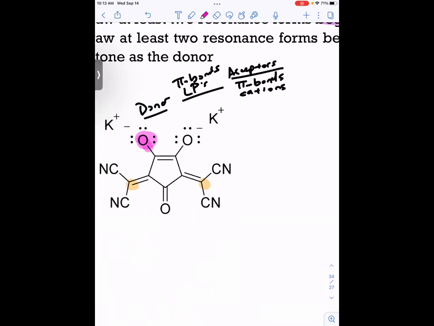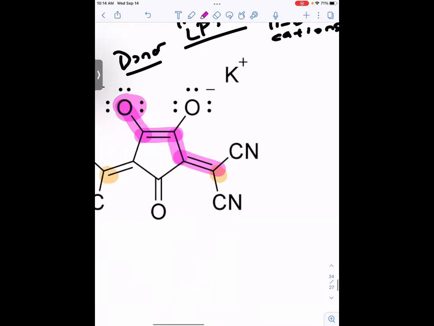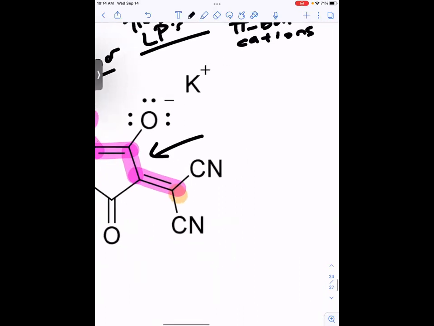The pi bond. A pi bond. You see that pattern right there, right? Good. Now, in this case, this is an allylic type system, but it also falls into another class of compounds because it's what we call conjugated.